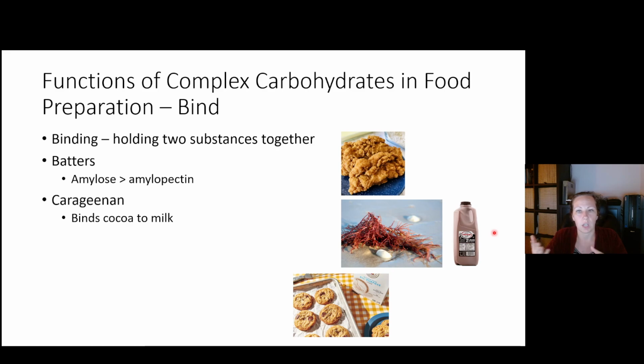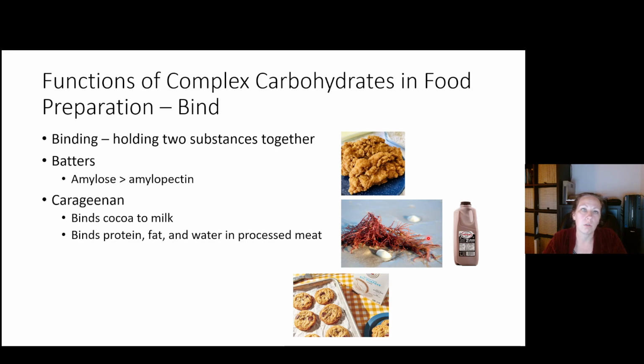And even if it does, then it'll start to settle at the bottom. And so what carrageenan does is, if you've seen chocolate milk in the stores, it's not settled at the bottom and it's all nice and creamy and smooth. And that is because the carrageenan has helped bind that cocoa to the milk.